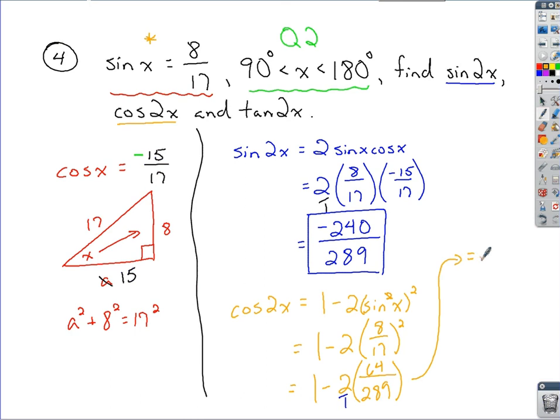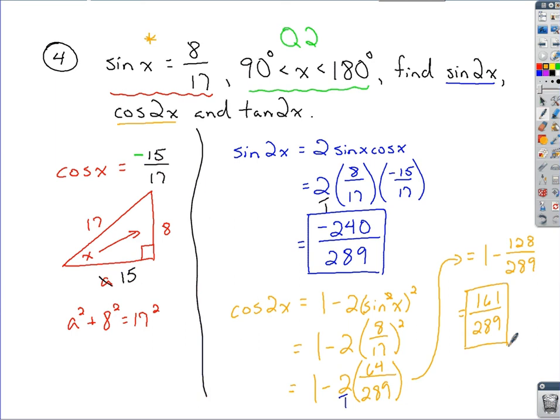Now let's see here. We've got 1 minus 2 times 64 be 128, right, over 289. That 1 is basically 289 over 289. So what's 289 minus 128? 161. We've got 161 over 289. So there's cosine of 2x.